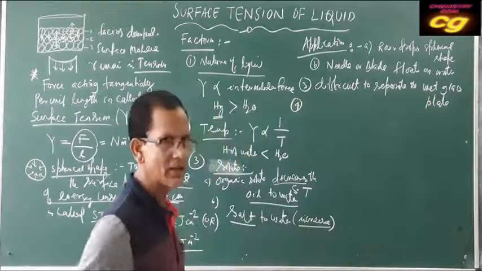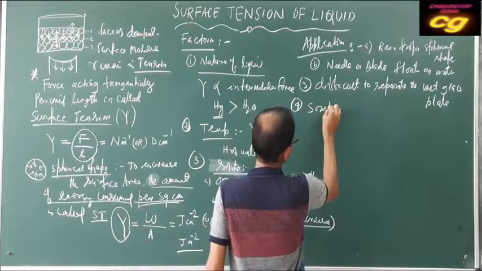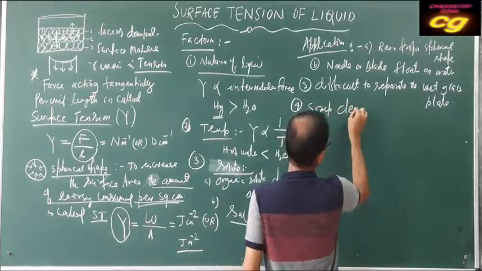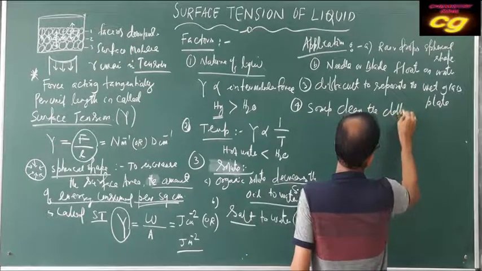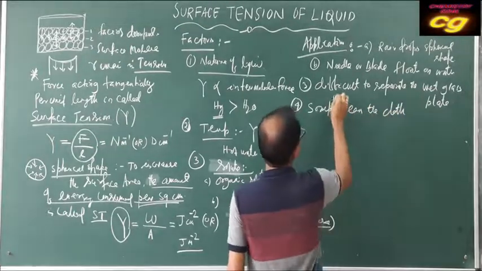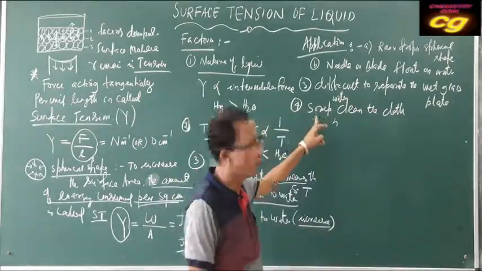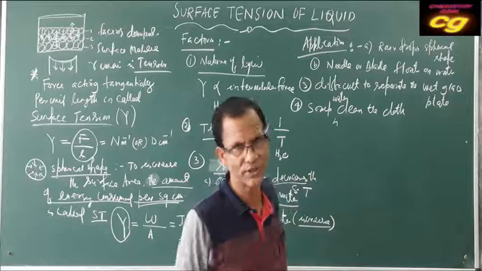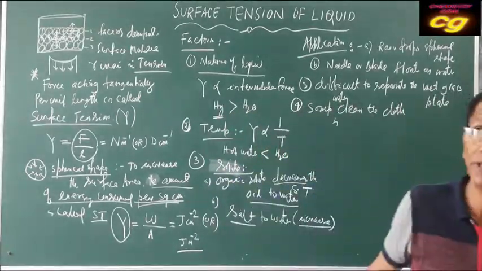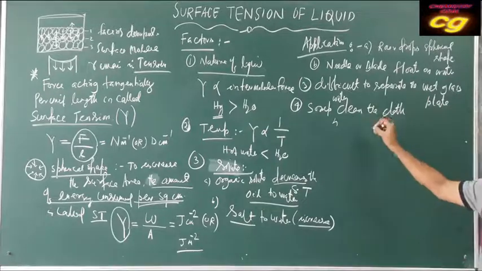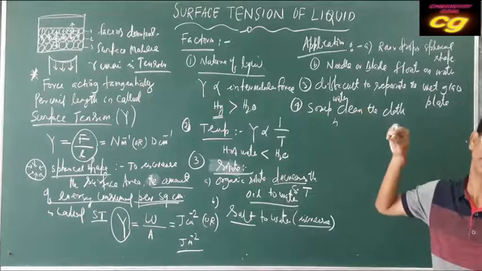Another application is that soap water cleans the cloth. Mainly soap water cleans the cloth because soap decreases the surface tension of water, so that water molecules can enter into the dirty substance.